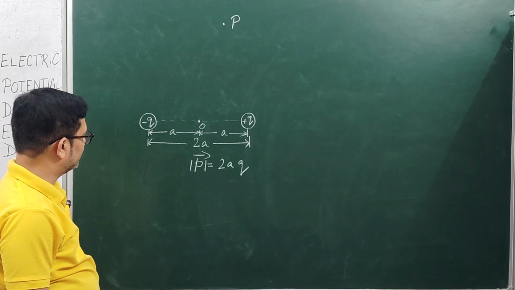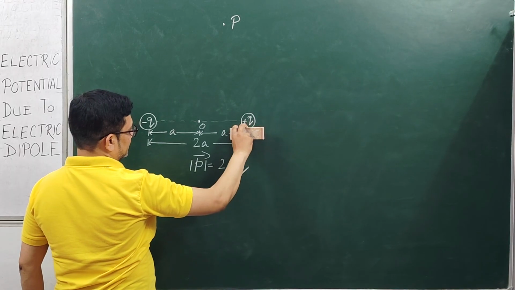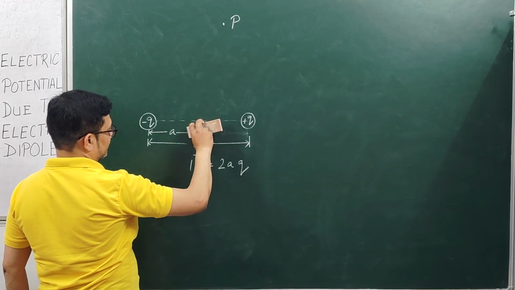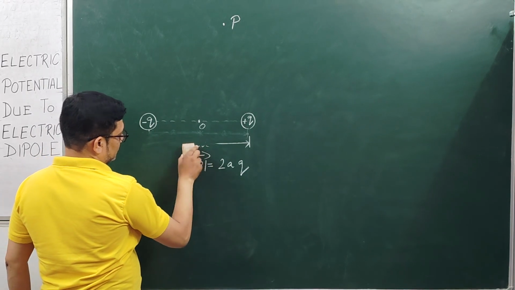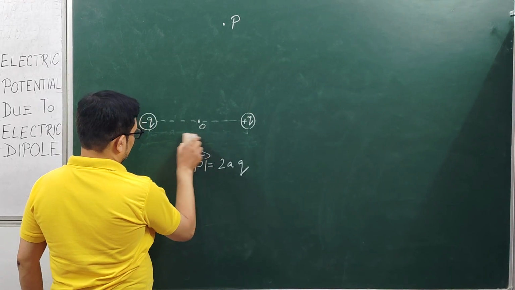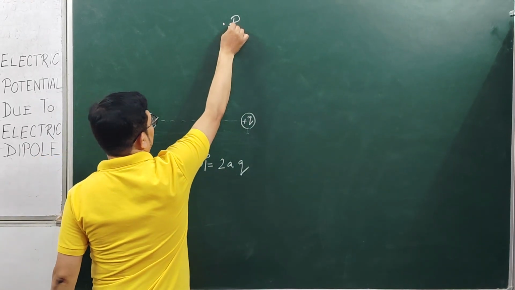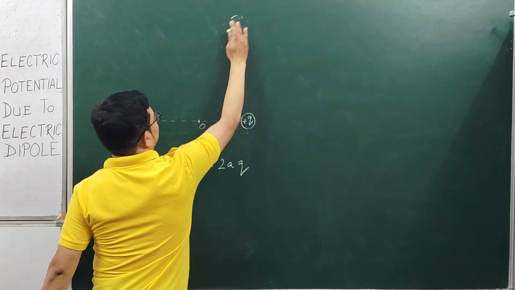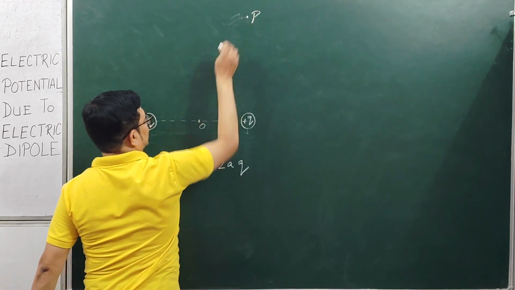I'm just rubbing this off here, just need to do a bit of modification. So we know these things, and this P from O is at a distance R from O.